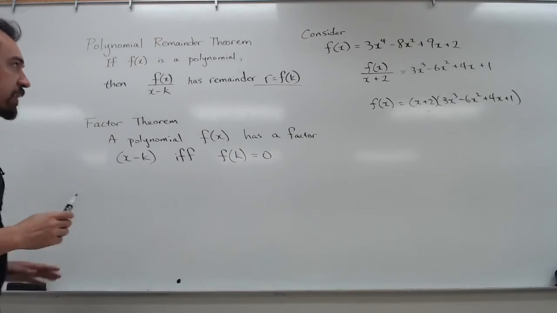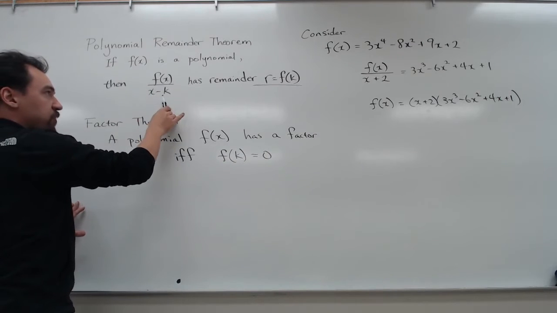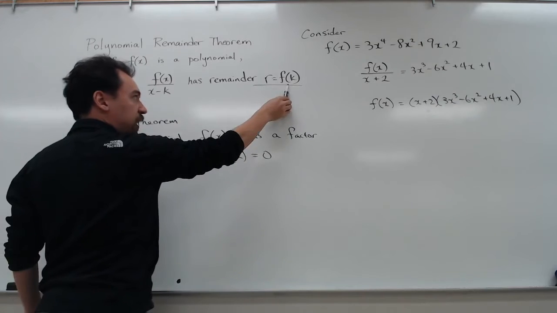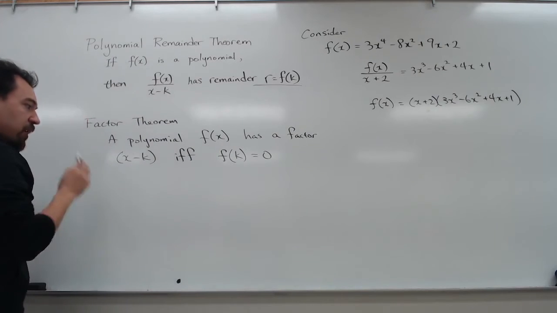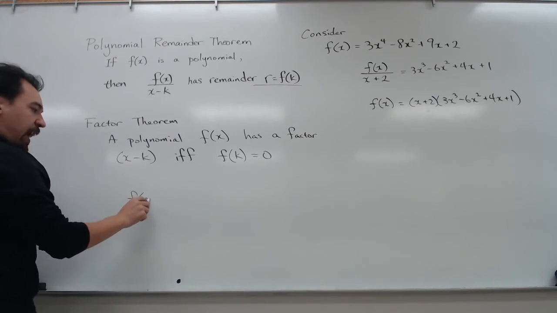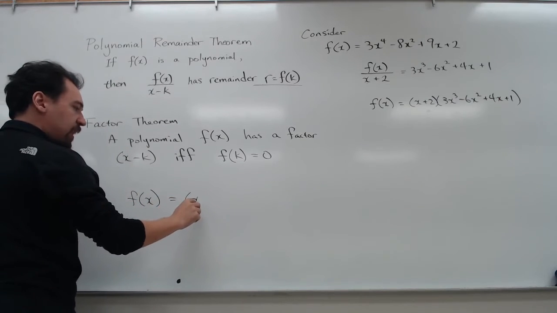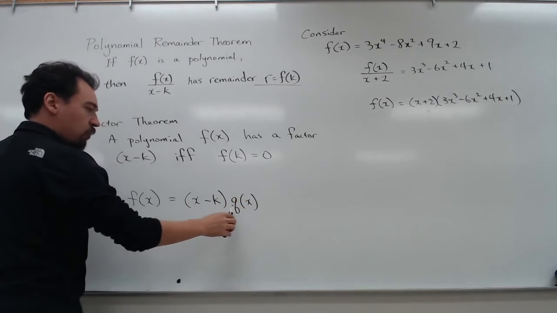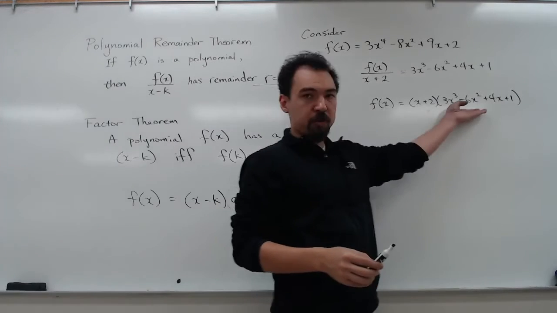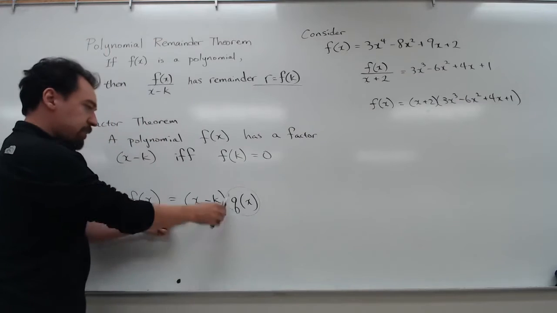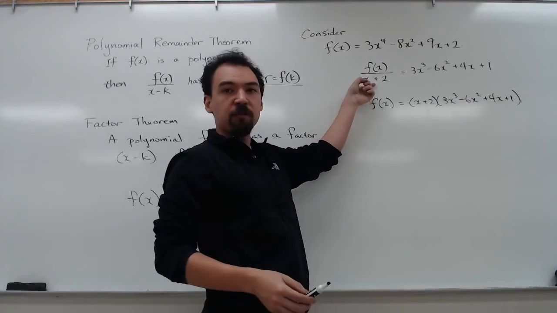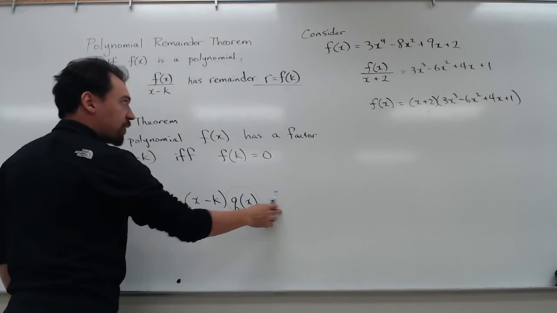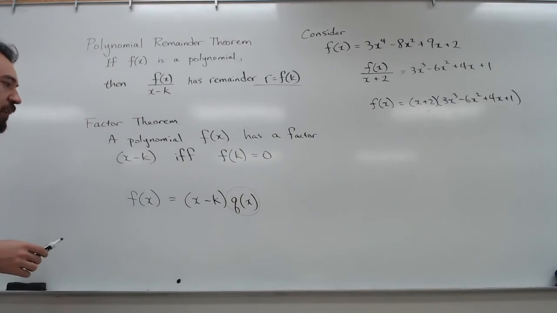So what this is saying is, if we perform this division, then we would get a remainder, which is equal to f of k. But if f of k equals 0, which means the remainder is 0, then we're able to take f of x and write it as x minus k times q of x, where q is the quotient that resulted from the division. X minus k is that factor we divided by, which now shows up over here as a factor, and there's nothing else because the remainder is 0.